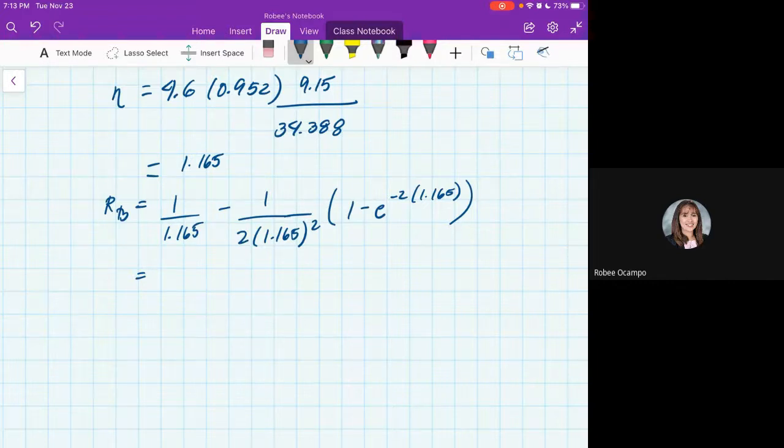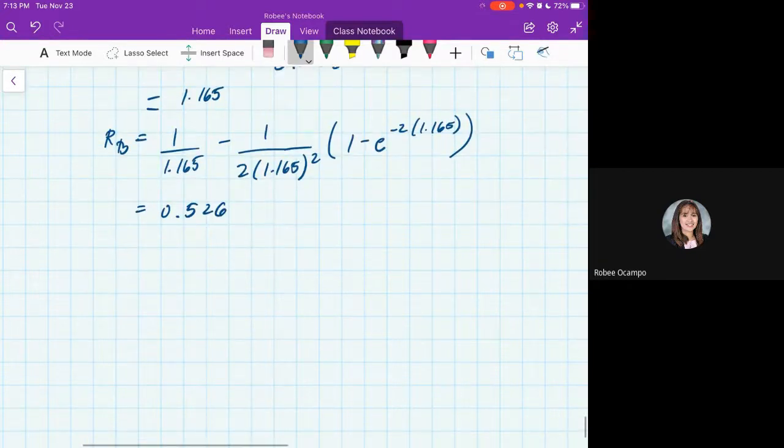That's 0.526. Okay. So we now have the value for our RB, no? So ang kukunin na lang natin is yung RL na lang, okay?